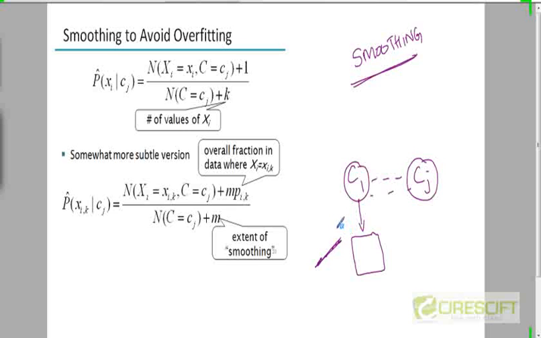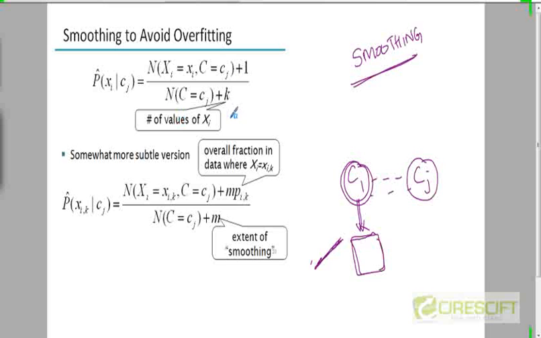If the vocabulary has 100,000 words, I'm going to assume that the training data for C1 not only consisted of the documents that were presented to it, but also one occurrence of all of these 100,000 words. And I'm going to do this for every class, just to allow every word to be theoretically permissible for every class.